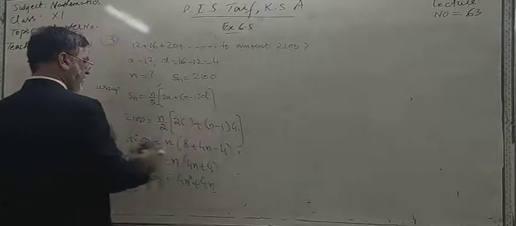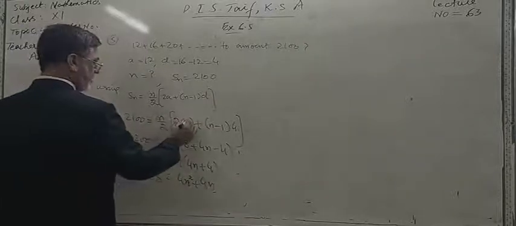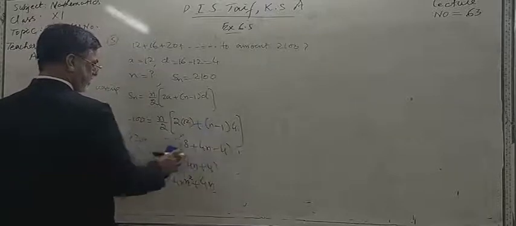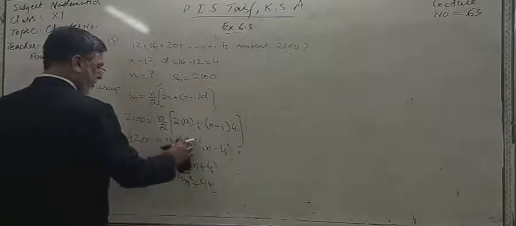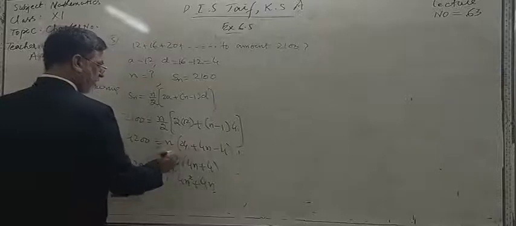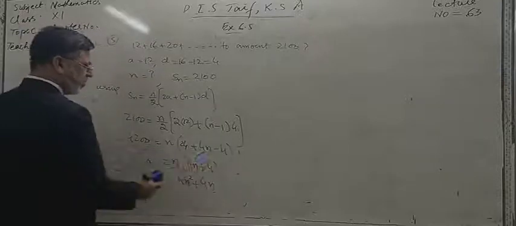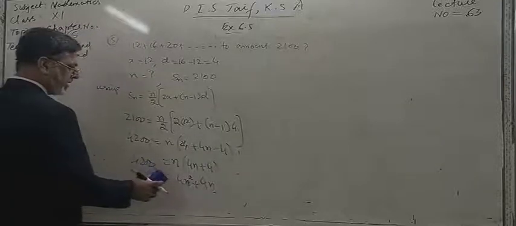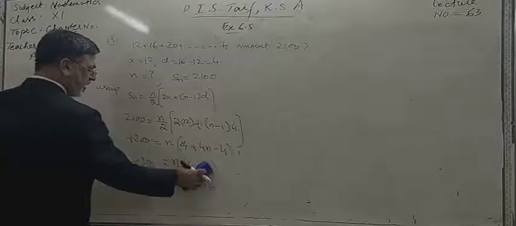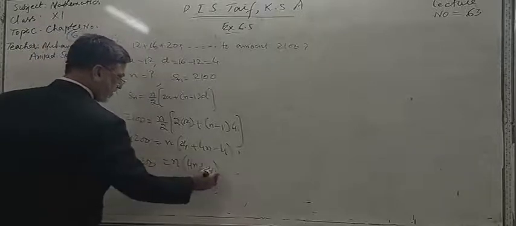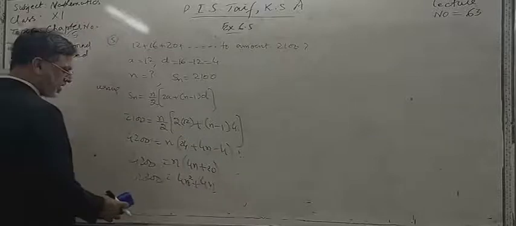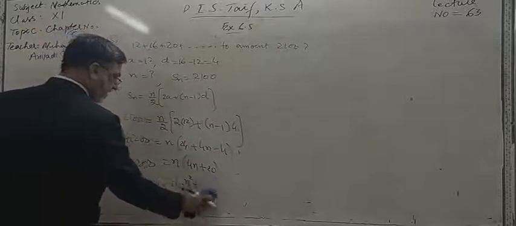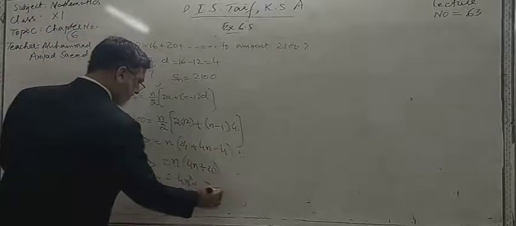So here 2 into 12, then here will be 24 plus 4n minus 4. The other is the same. Then 4n and plus 20. Here is 4n square plus 20n.